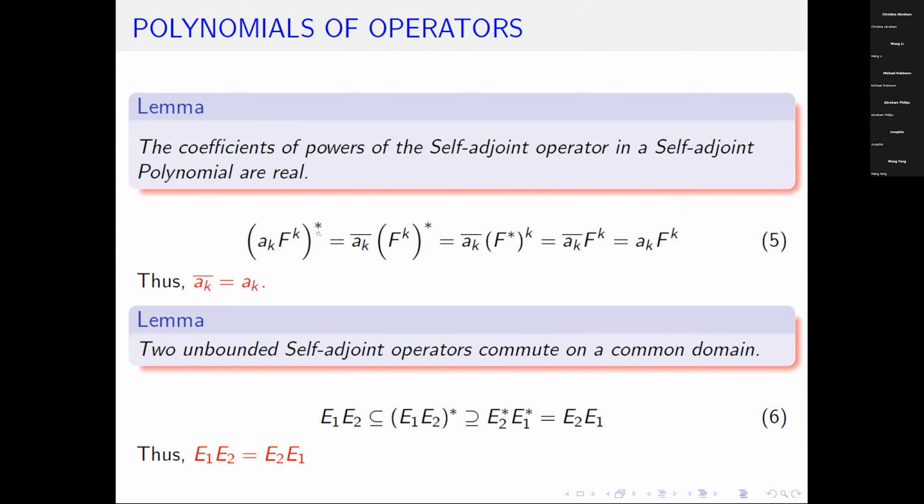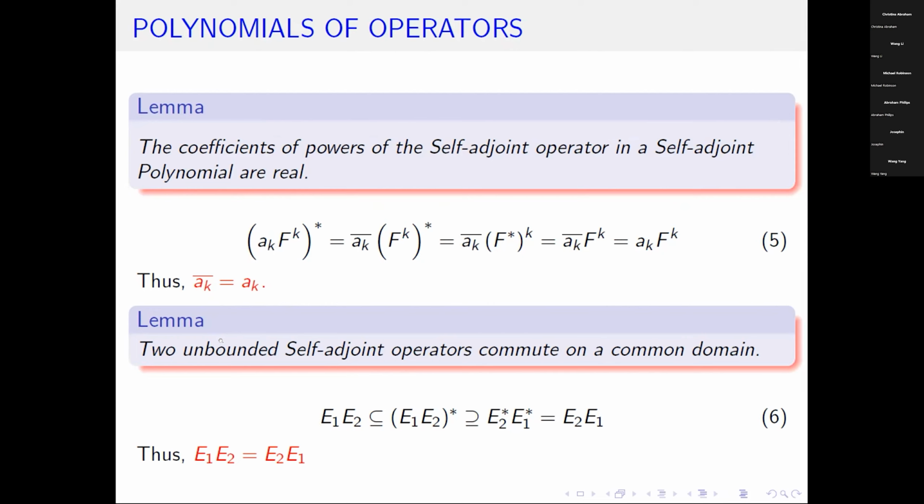Now, if you want this to be self-adjoint, then we have to drop this conjugate on a_k, and we only drop it if and only if the conjugate of a_k is equal to a_k itself. That means a_k is simply a real number. Therefore, we come up with the result that, first, the polynomial will be defined on the set of real numbers.